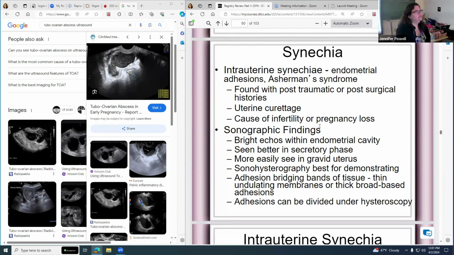Cause of infertility or pregnancy loss. Sonographic findings could be bright echoes within the endometrial cavity, better seen in the secretory phase, more easily seen in a gravid uterus.